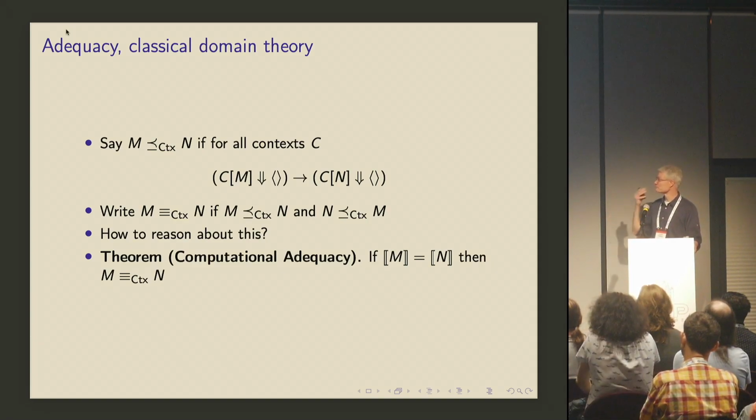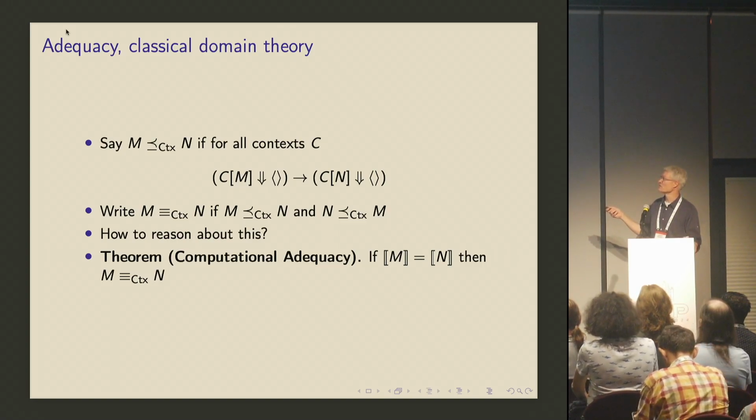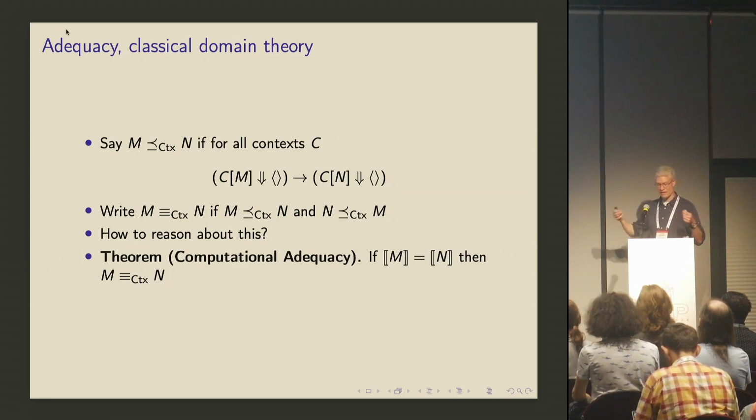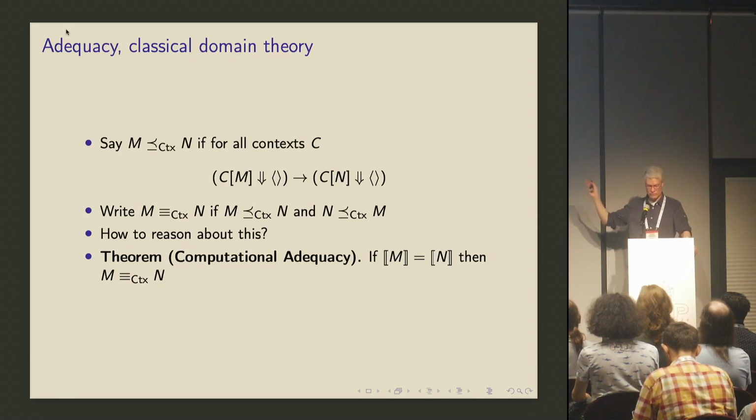This would be using a computational adequacy theorem, which essentially says that the model is adequate for reasoning about contextual equivalence. So if two terms are equal in the model, then they're contextually equivalent. This is a classical theorem in domain theory, and I'll do a version of this for guarded domain theory. But as a first step, I need to define even the operational and denotational semantics.